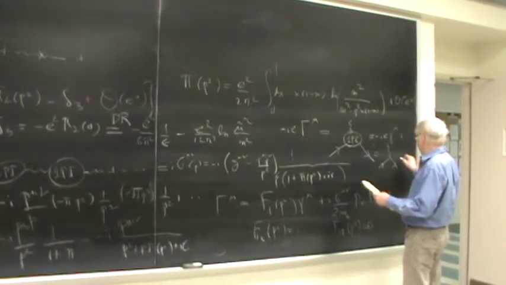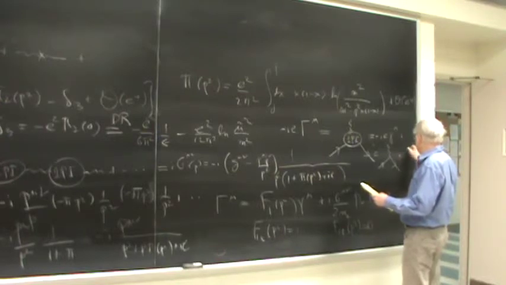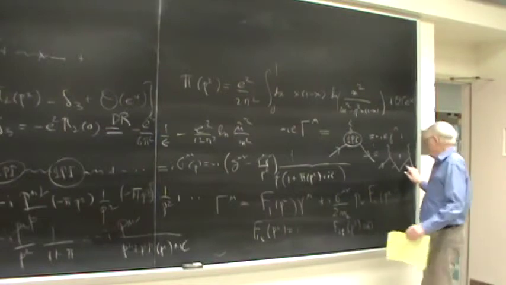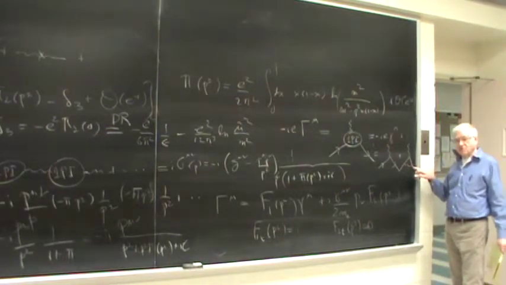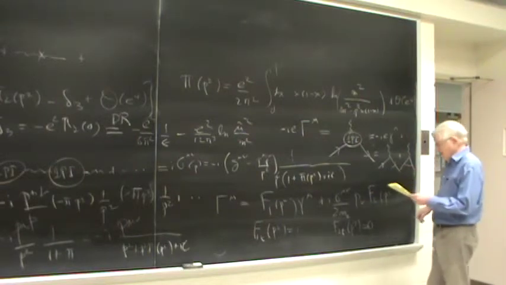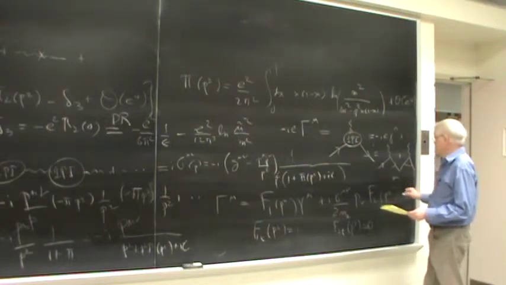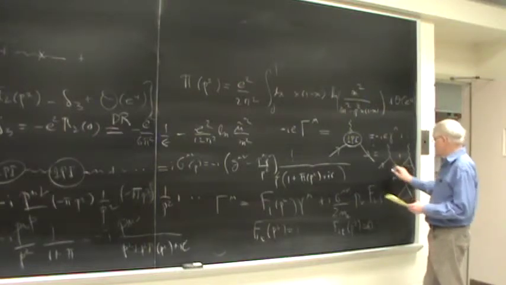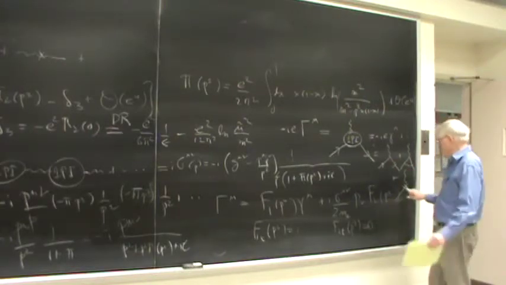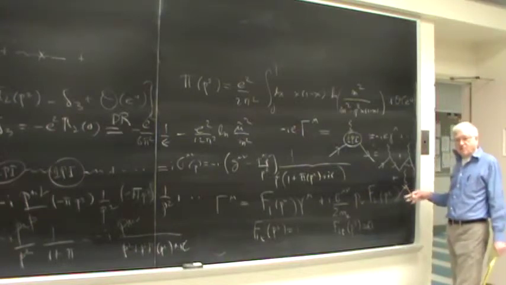And then there's the vertex correction where the photon goes across here. And then there's the counterterm correction, which just looks like this, but we write a star there because we're going to be subtracting terms of order 10 and 20.